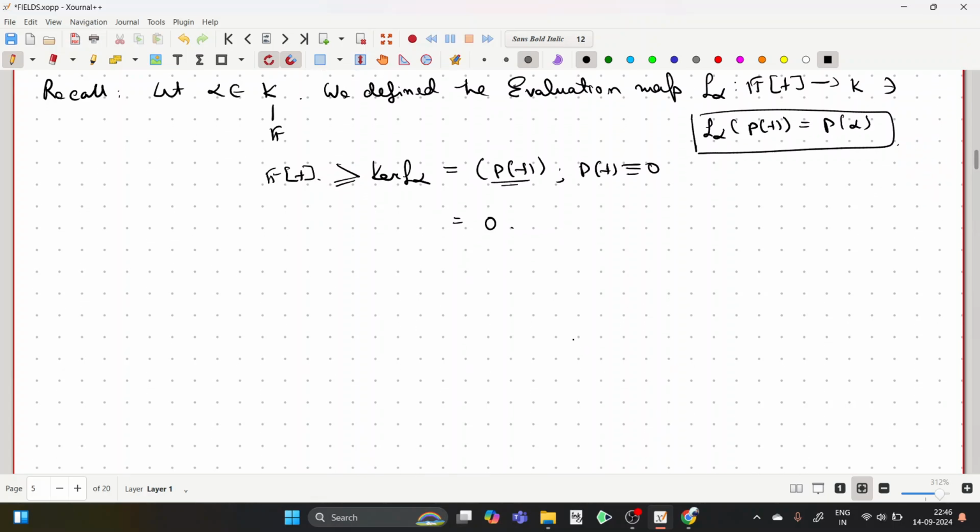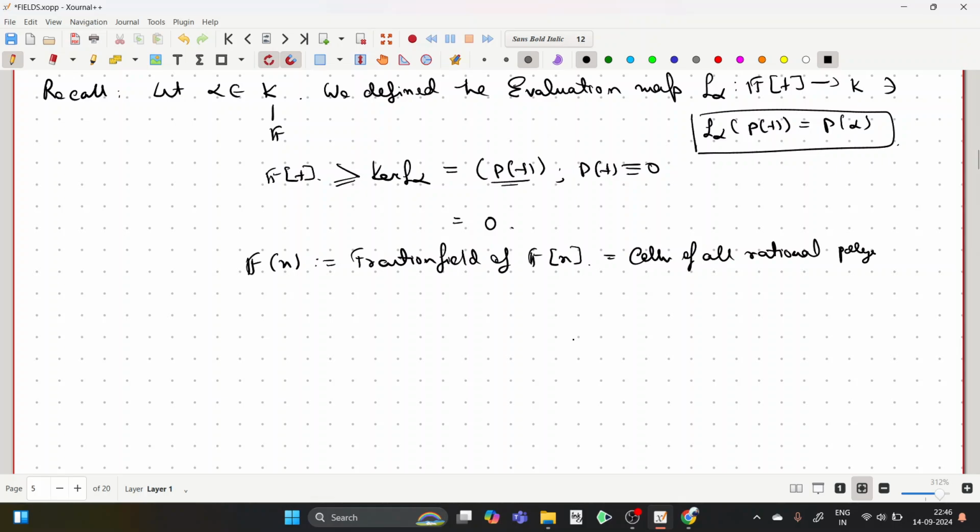And we also discussed this field which is called the fraction field. So it was the fraction field of F[x]. It was the collection of all rational polynomials, over Q, right?